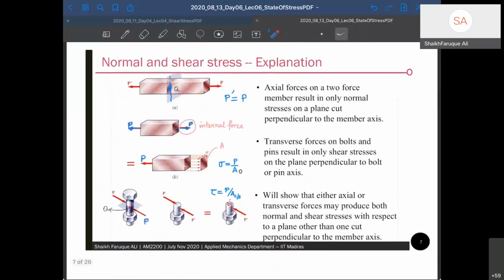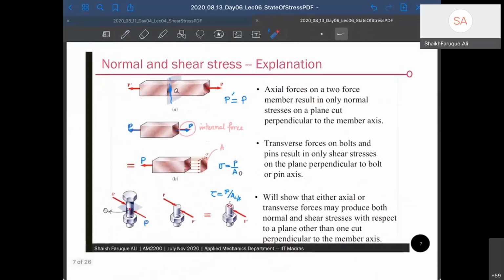Now let's look at normal stress and shear stress. We defined normal stress and shear stress in the last two classes. We have taken a bar member. A bar is an axial member which carries axial load, so axial load is given to the member.